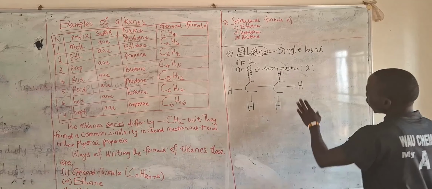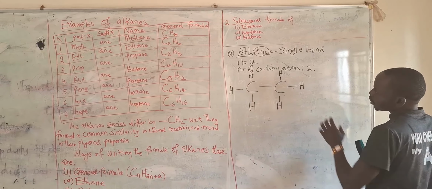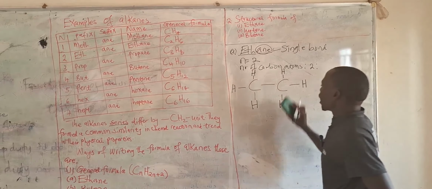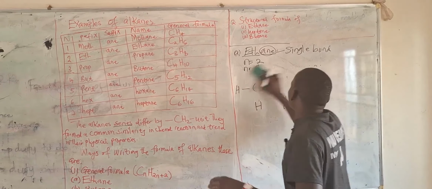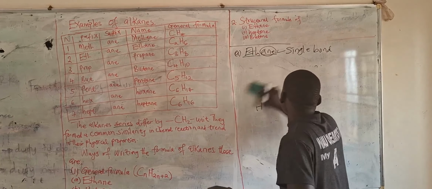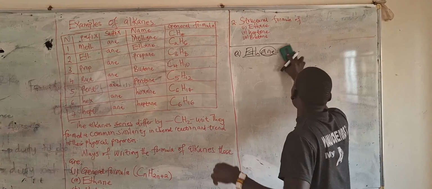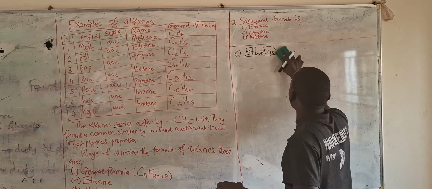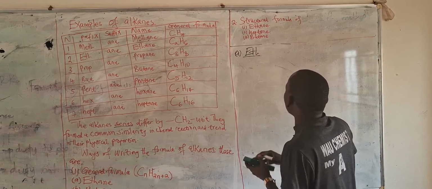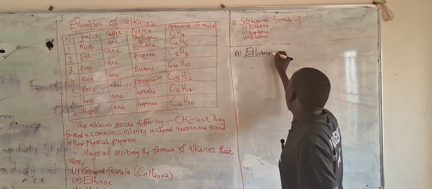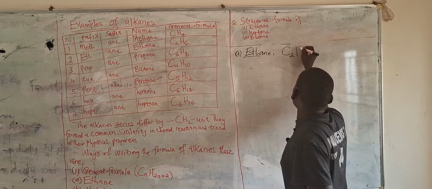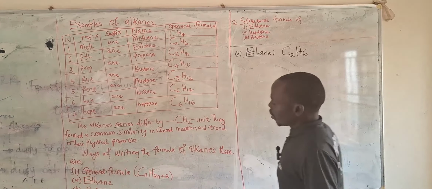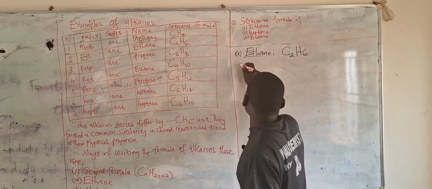When you count this one, you'll get exactly this. But this is the structural formula, we're not going there yet. So for the general formula for this alkane, we shall say it is simply C2H6.